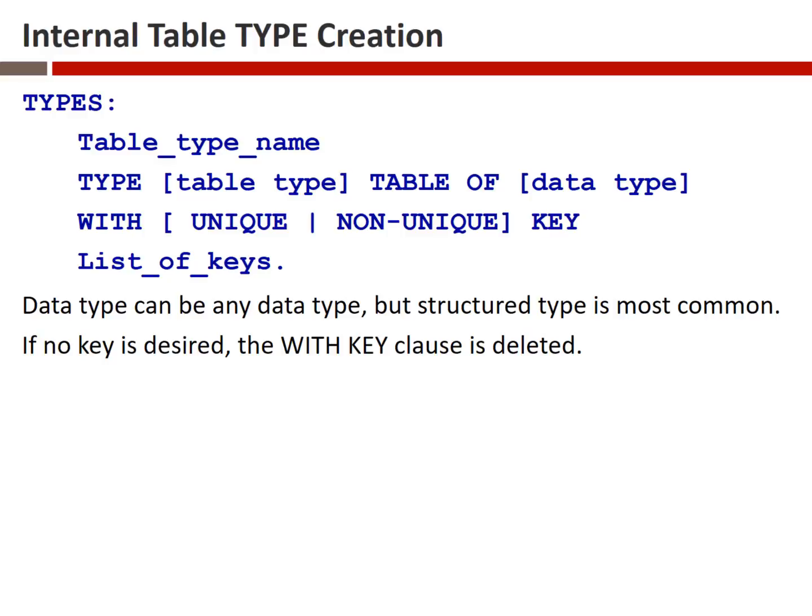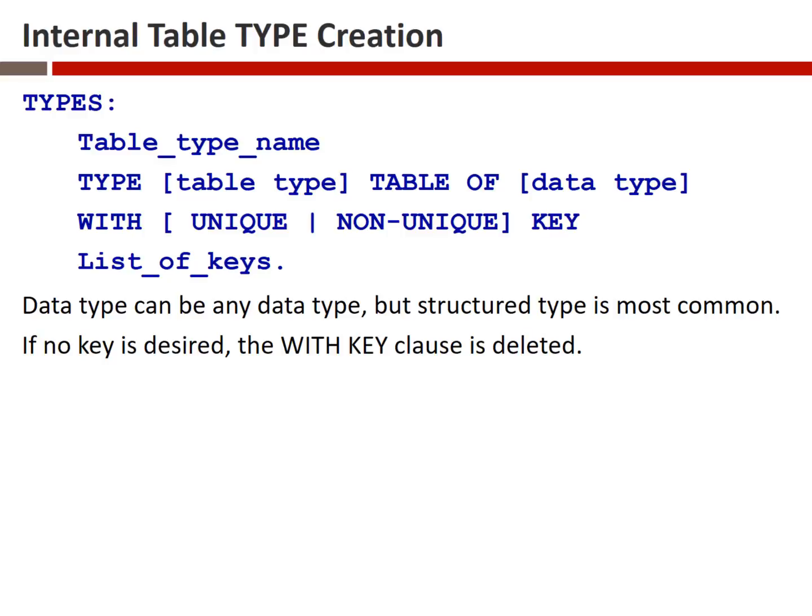Okay, and if you think about the logic here, I can't have a sorted table that doesn't define a key, because the sorted table is sorted based on the key. So I can't do that with a sorted table. And with a hashed table, the only way I can access the information is by specifying the key. So with both the sorted and hash table, I have to put a key in.